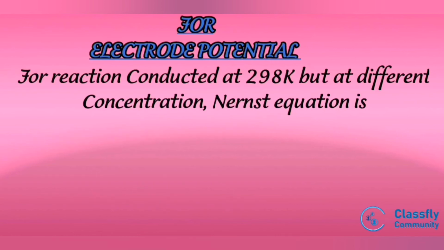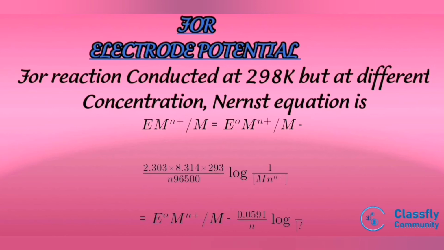For a reaction conducted at 298 Kelvin but at a different concentration, the Nernst equation is E of Mn+ divided by M equal to E0 of Mn+ divided by M minus 2.303 into 8.314 into 298 divided by N into 96500 log 1 by Mn+, that's equal to E0 of Mn+ divided by M minus 0.0591 divided by N log 1 by Mn+.